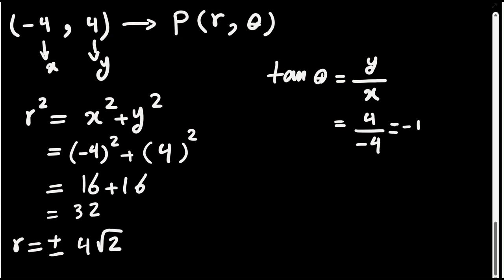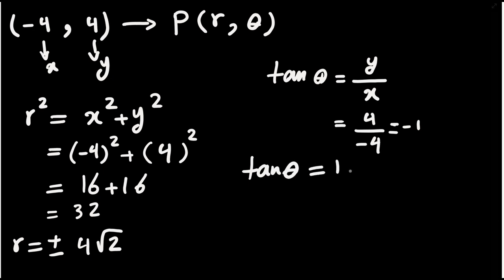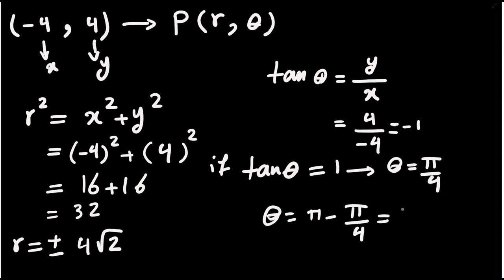If tangent of theta was +1, then you know that theta is pi/4, right? But here it is -1 and we know that it is in the second quadrant. So for this question, theta is equal to pi minus pi/4, or 3 pi/4.